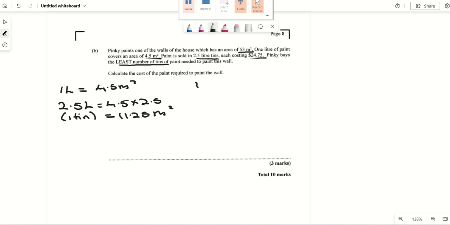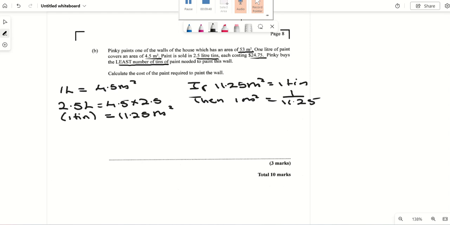So we want to find out how many tins first, right? Before we could find out the cost of how much she would have to pay to cover the whole wall. We're saying if 11.25 meters squared is equal to 1 tin, then 1 meter squared would be 1 over 11.25.